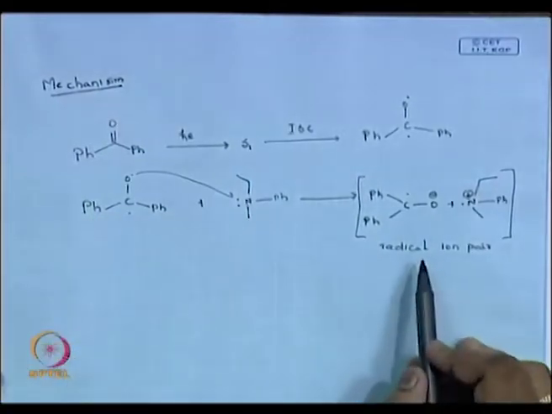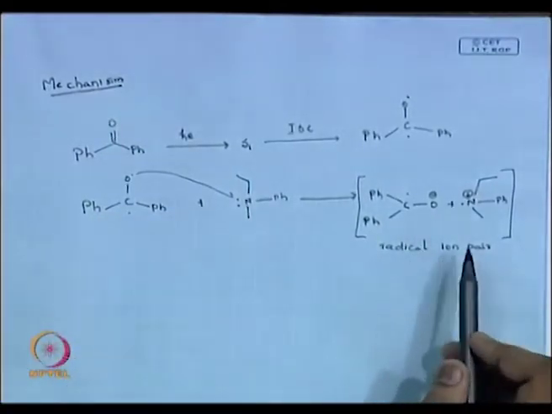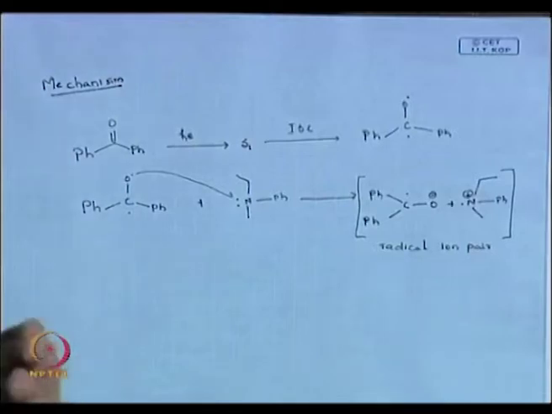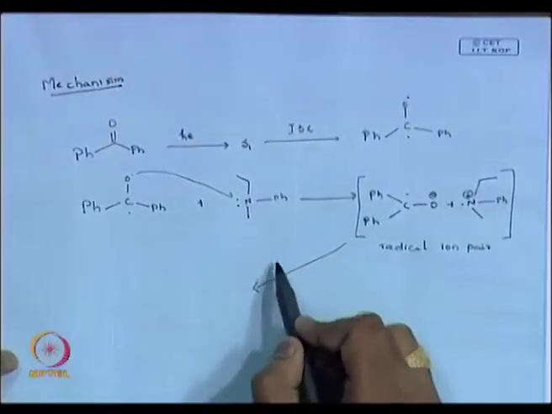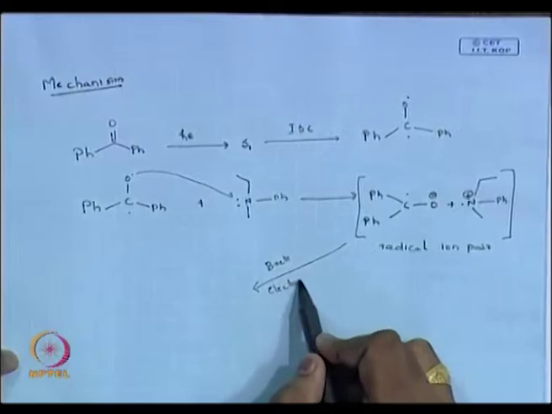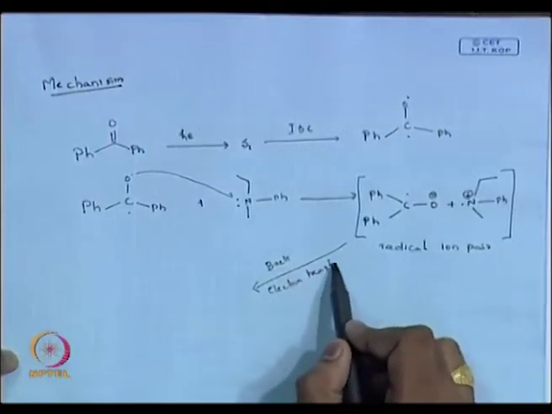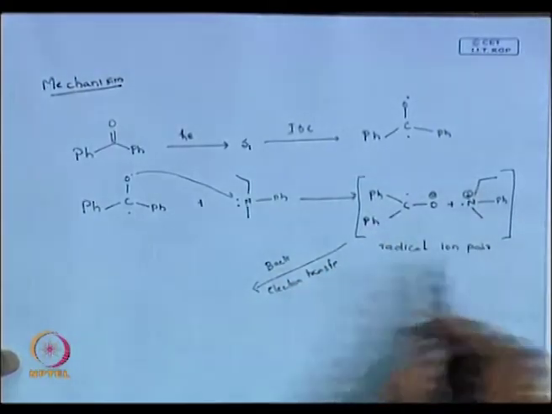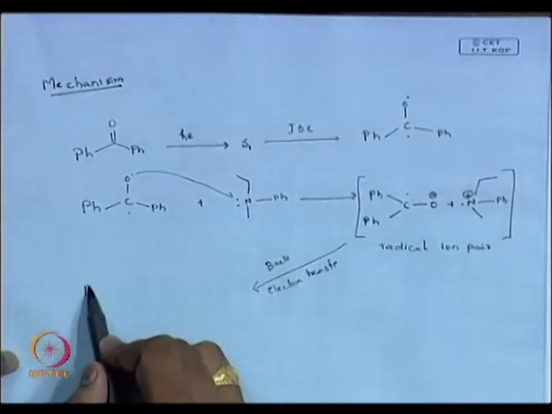If these two molecules do not diffuse, for example, they stay together, then what happens? Then they can do back electron transfer. The electron can return back, giving me the starting material.